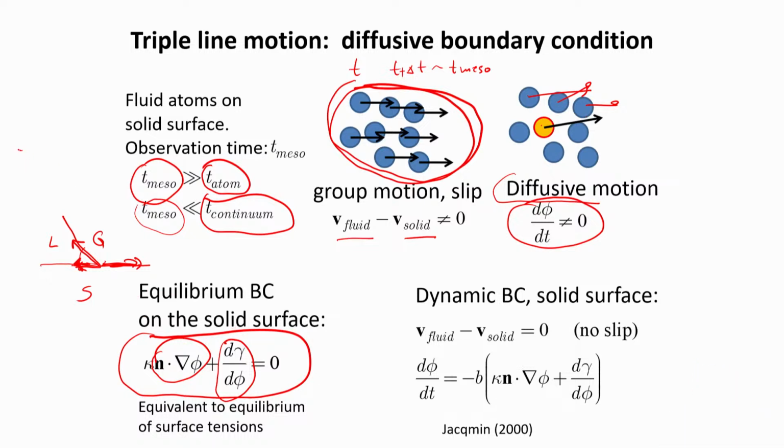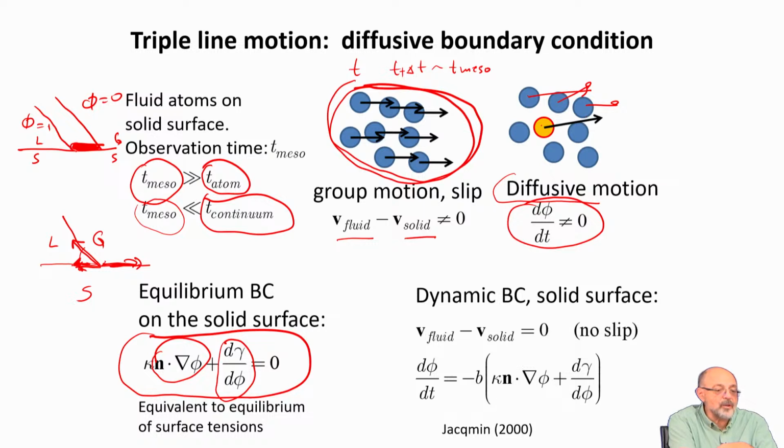So for phase field, the triple line is not a line, it's a triple stripe, right? This is where my phase field variable changes from 1 to 0, and this is where my interface energy or surface tension changes from solid-liquid to solid-gas, but it changes gradually, right?